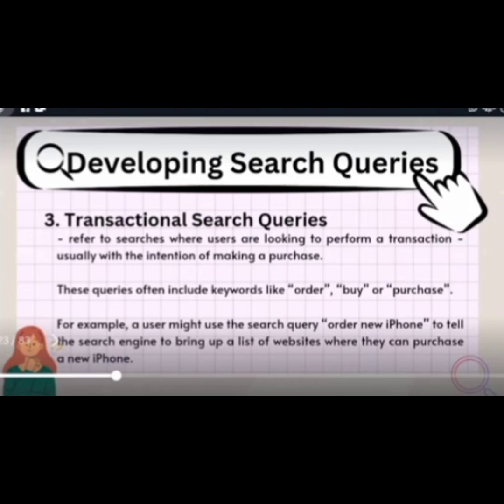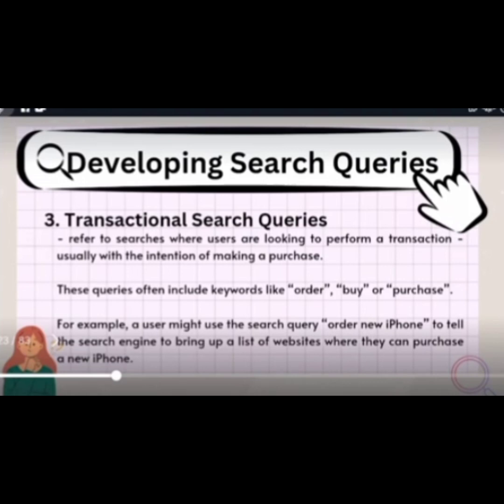For example, a user wants to buy a new iPhone. He or she can search in the search engine, like order new iPhone, and the search engine will bring up a list of websites where they can purchase a new iPhone, or anything that you want to buy or purchase.